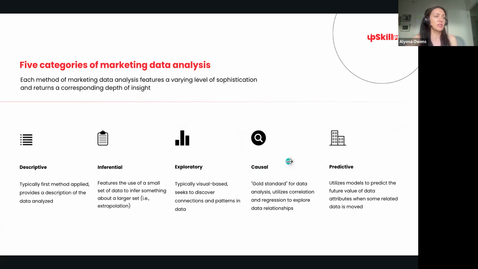Causal is the gold standard for data analysis, and utilizes correlation and regression to explore data relationships. So it's usually when you're trying to explain the reason why something happened. Remember how last time we went through different metrics. One is the North Star metric for Spotify, which is the average amount of time a user is spending on Spotify. But then there are also supportive metrics that we're after, like daily active users, right?